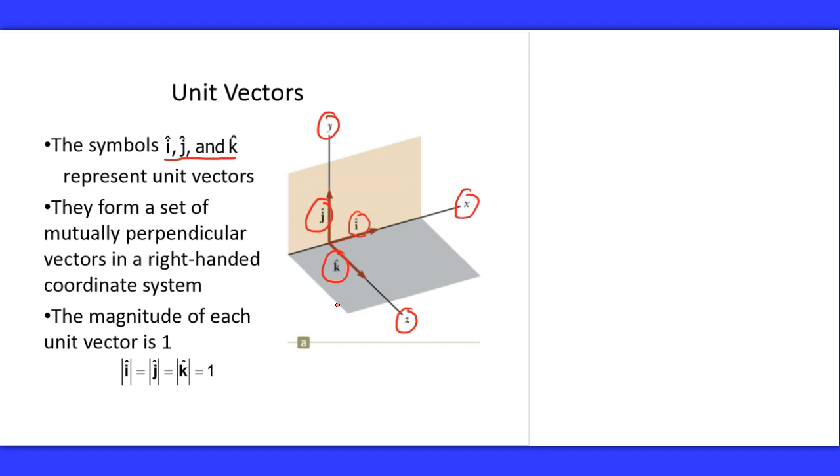And so all 3 of our unit vectors are exactly the same length, they just point in different directions. And so down here, we can see that the magnitudes of each one of our unit vectors all equal 1.